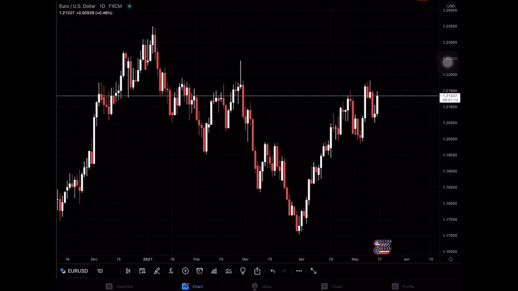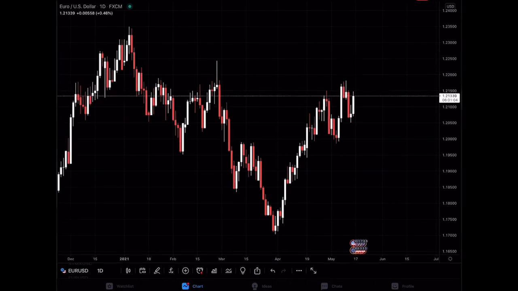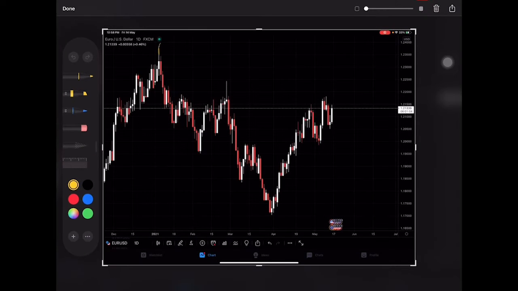So what we need to do, first, we can see if we can put any trend line here. We already know there's a resistance here, resistance here, resistance here, and there's support here.